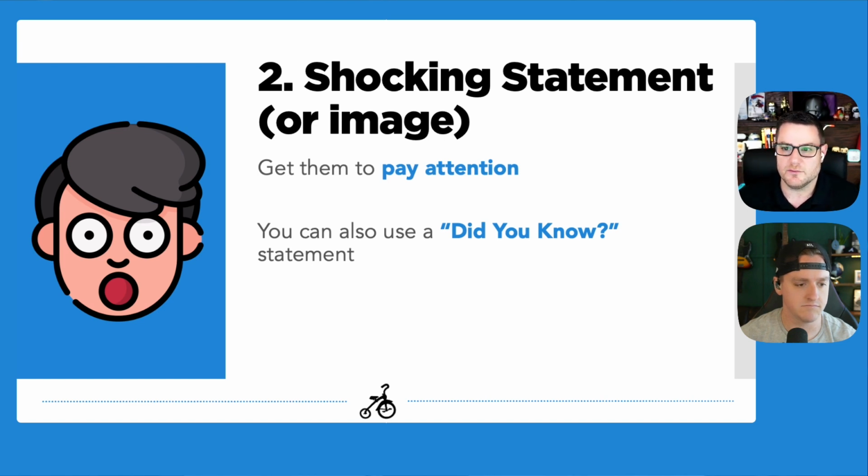You want to grab their attention. Another thing that goes well here is some sort of stat, if you have a stat related to the product or service you are providing.